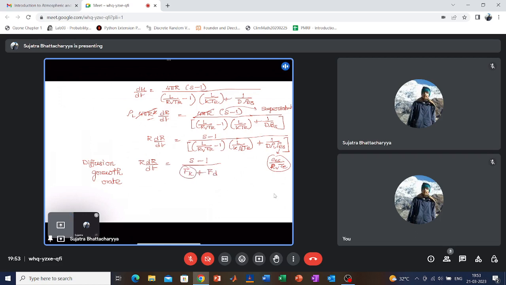Okay, so Fk is the thermodynamic term and Fd is the vapor diffusion term. So these two terms and the supersaturation are actually responsible for the diffusion growth rate.